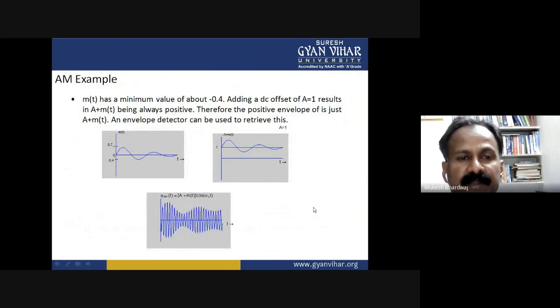Amplitude modulation example: m(t) has a minimum value of about minus 0.4. Adding a DC offset of A equals 1 results in A plus m(t) being always positive. Therefore, the positive envelope of it is just A plus m(t). An envelope detector can be used to retrieve this.